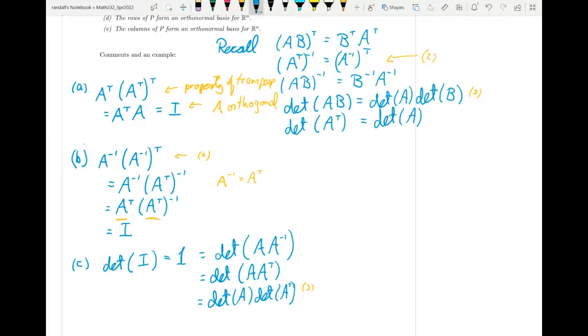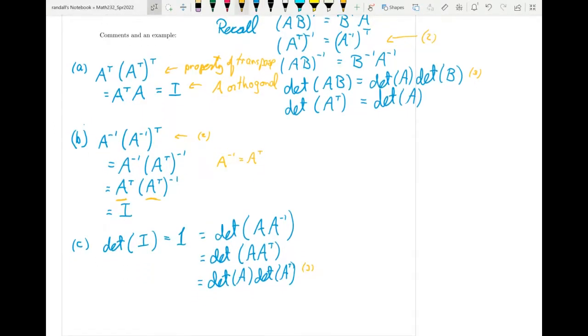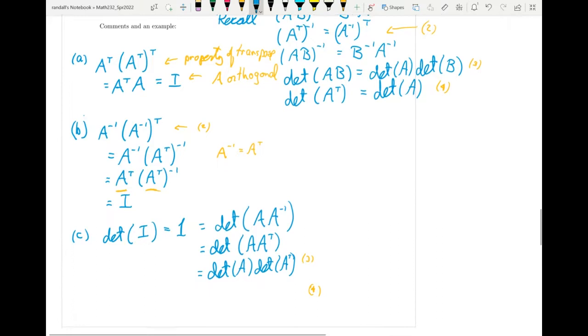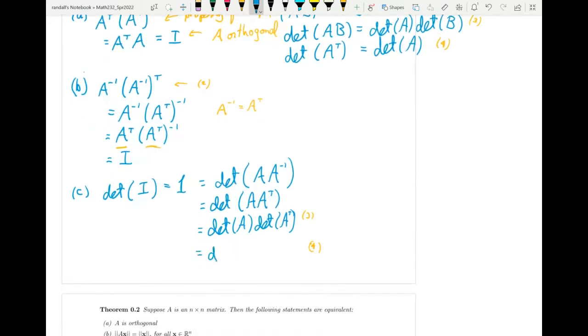And now I'm going to use another property of the determinant, number 4 here, which is that the determinant of the transpose is the same as the determinant of A. So what I have here is the square of the determinant of A. So there we go. The square of the determinant of A is 1, which means that the determinant of A must be plus or minus 1.